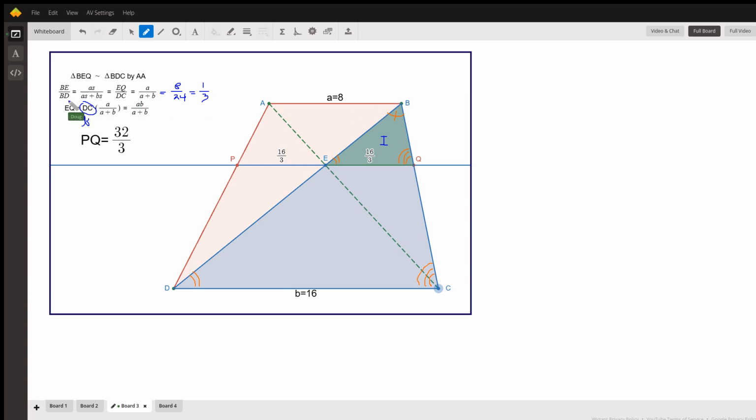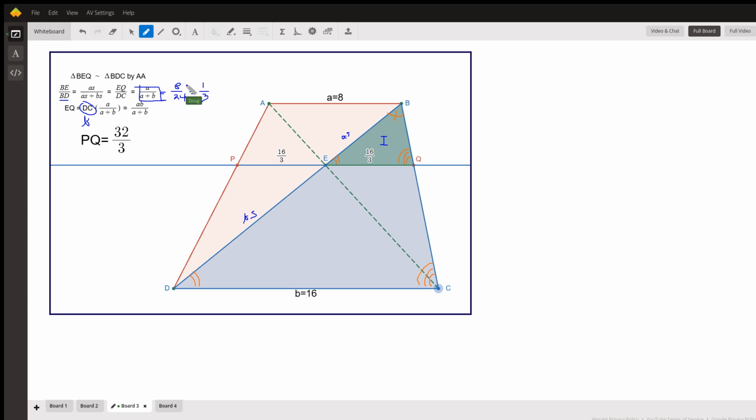So BE to BD, well, BE, we remember we said was AS, and ED was BS. So BD rather is AS plus BS. And if you factor out that S in the numerator and denominator, they cancel out. So there's the ratio for the corresponding sides, A over A plus B.